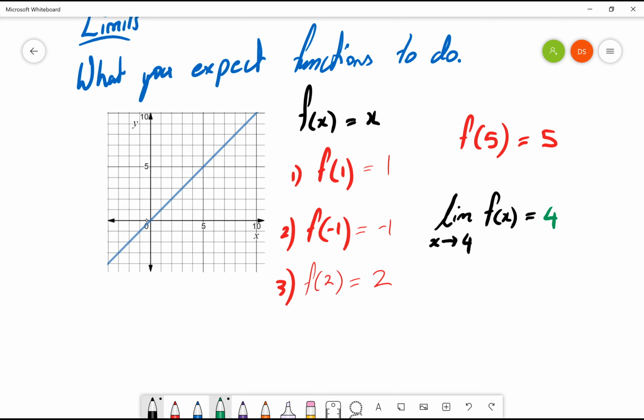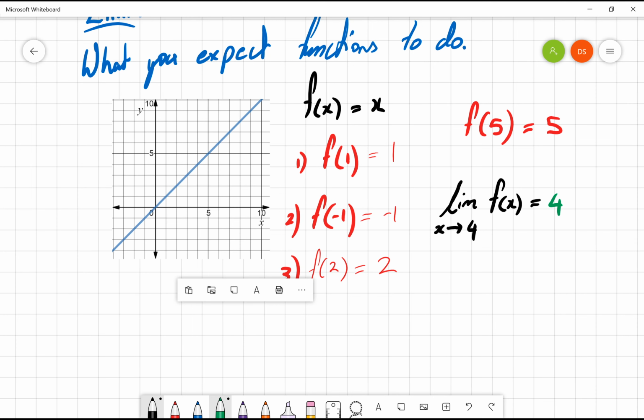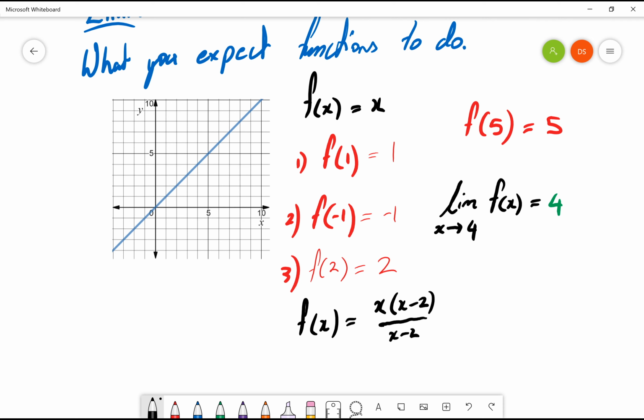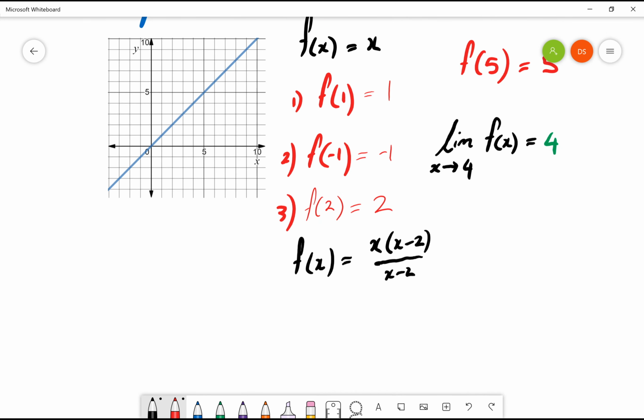What's really exciting? Well, sometimes you have functions that you might need a limit for. So here's a function. I want you to tell me f of x equals... For this function, just the same, what's f of 1?